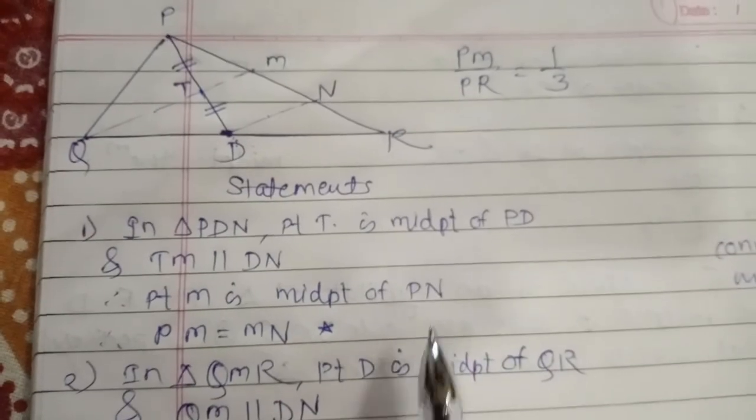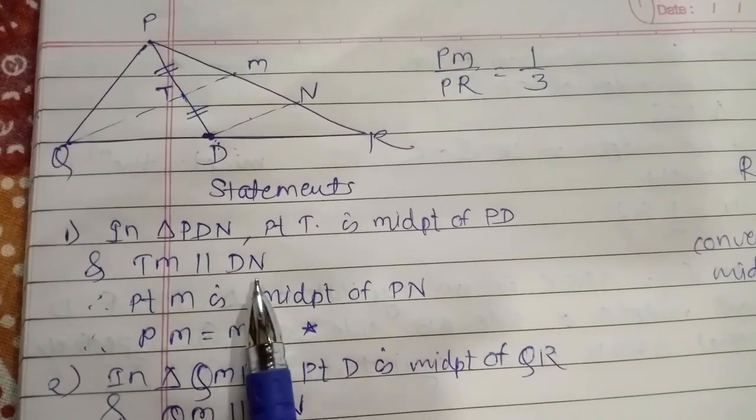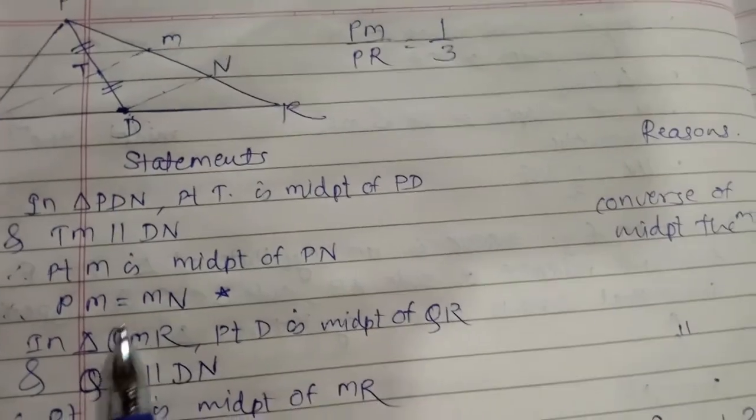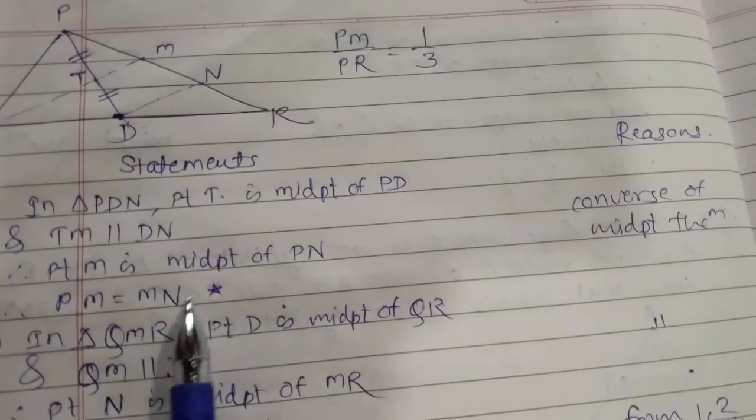So in triangle PDN, point T is the midpoint of PD and TM is parallel to DN. So point M is the midpoint of PN. So PM is equal to MN.